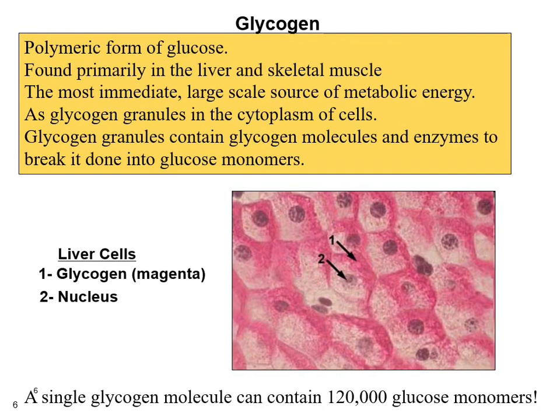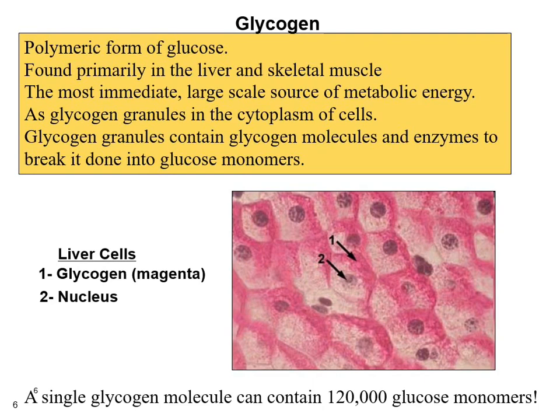So as you haven't eaten in a while, this number will decrease greatly. And then when you eat a meal, it'll increase back up near 120,000 again. So as we eat and as we fast in between meals, this number changes. In general, we eat three meals a day, so you can think of this glycogen molecule as holding 120,000 glucose monomers, and then it depletes back down to near zero.